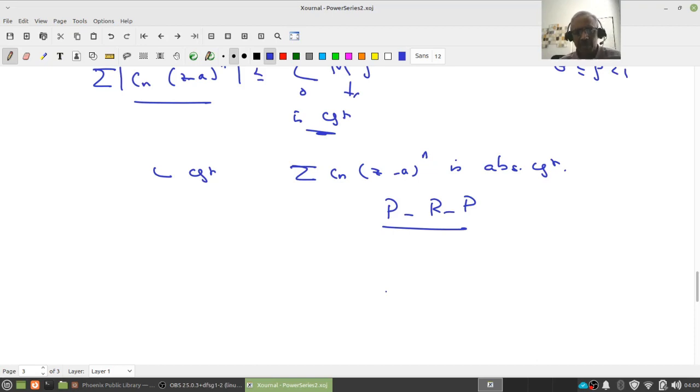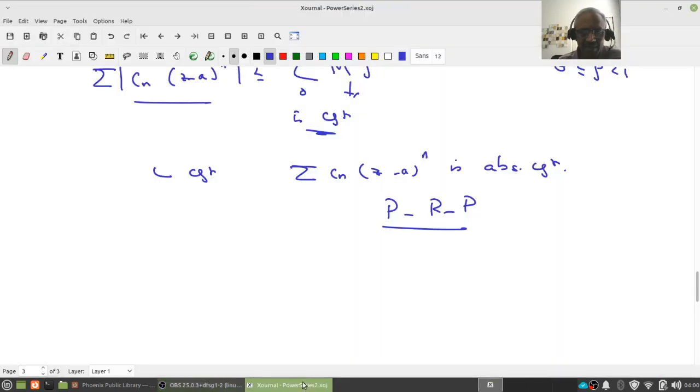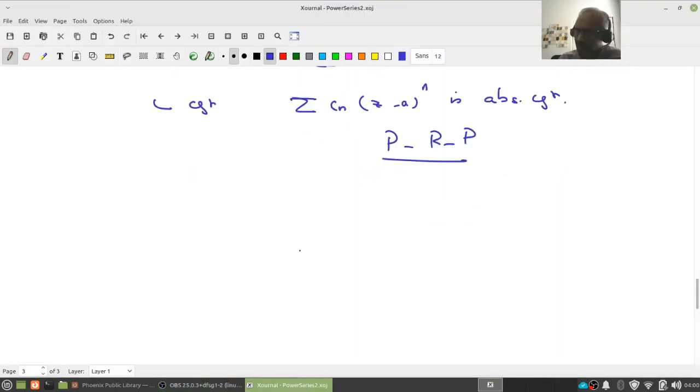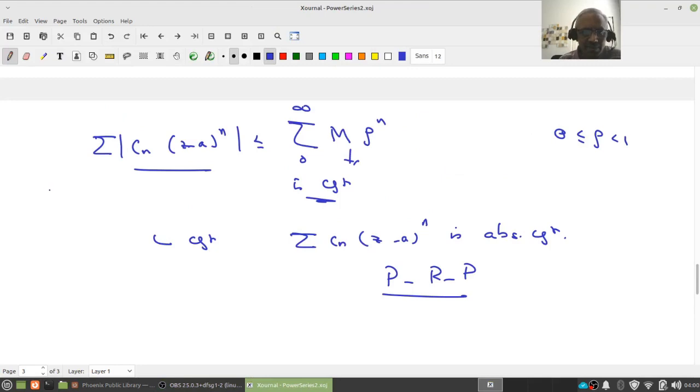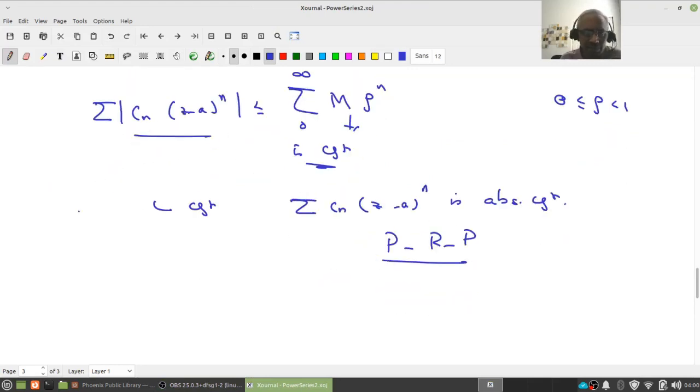Now let's sit back and go through the proof. What have we achieved? We had actually shown this series, think of this as a series of functions, f_n of z, as usual, f_n of z is Cn (z minus a) to the power n.